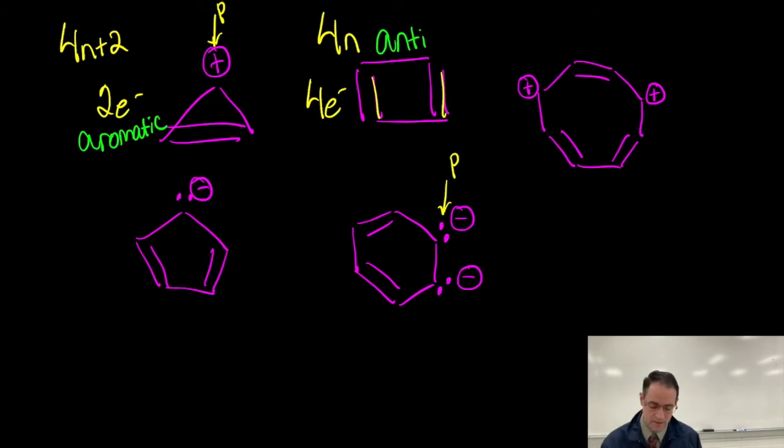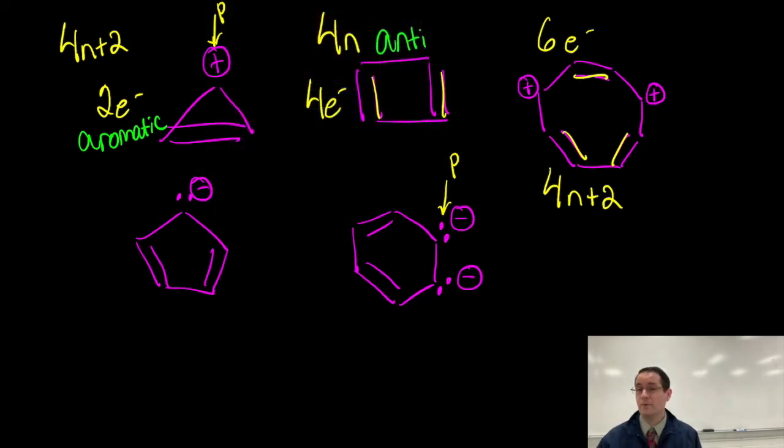We just need to count things up, and we see that we have a total of 6 electrons. Okay, 6 electrons, just like benzene. So that satisfies the 4n plus 2 rule, where n is equal to 1, and we would say this molecule would be predicted to be aromatic. It would be a +2 cation, okay?